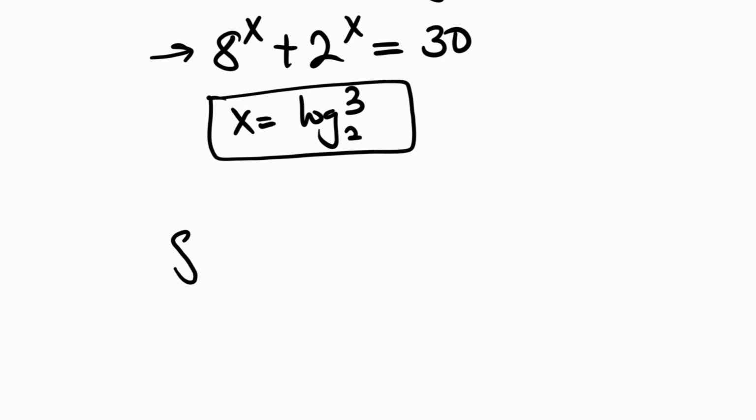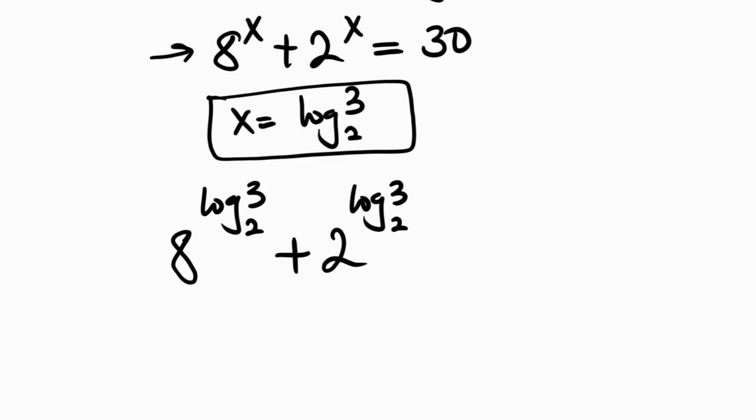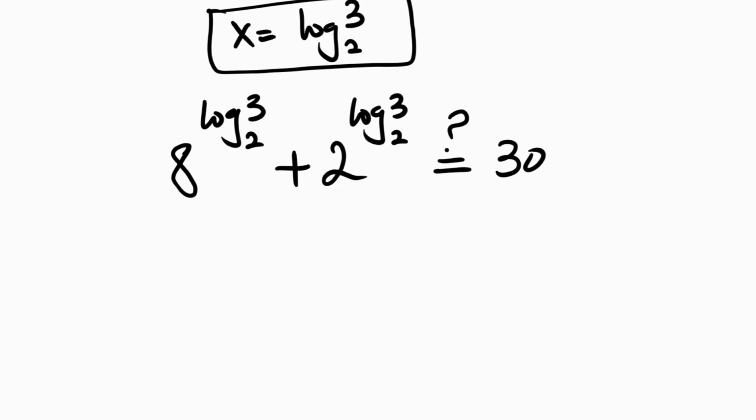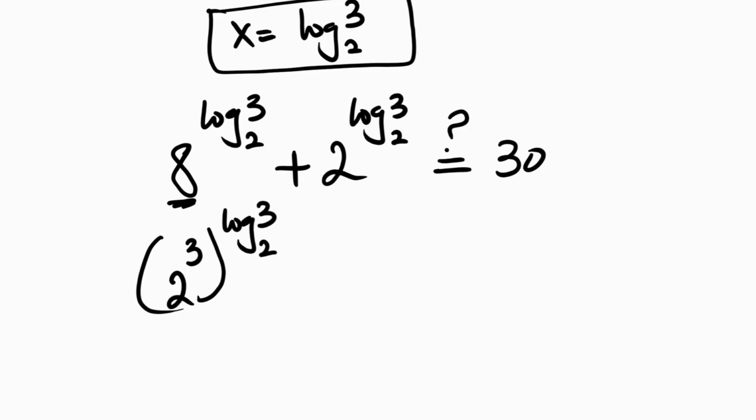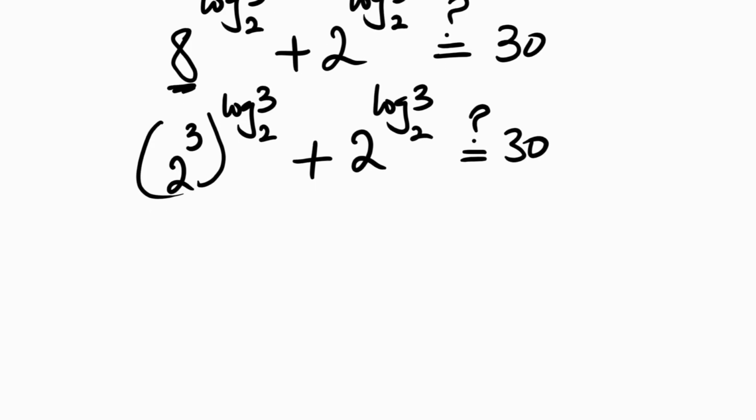So now we have 8 raised to the power log of 3 base 2 plus 2 raised to the power log of 3 base 2. And we're trying to see if that's going to be equal to 30. We can rewrite 8 to become 2 raised to the power 3, all raised to the power log of 3 base 2, plus 2 raised to the power log of 3 base 2, equals 30.